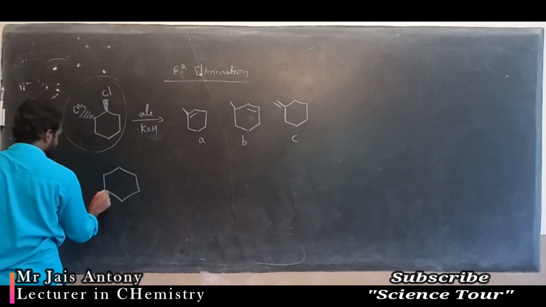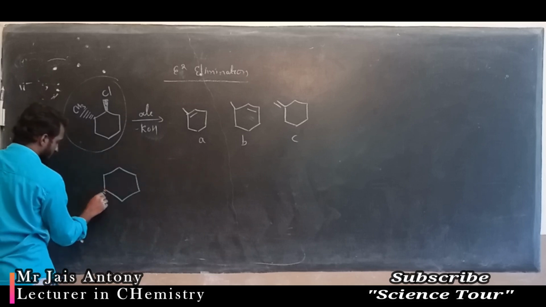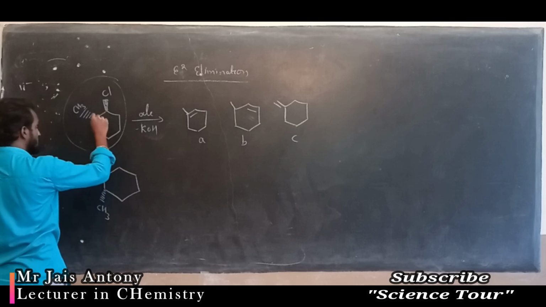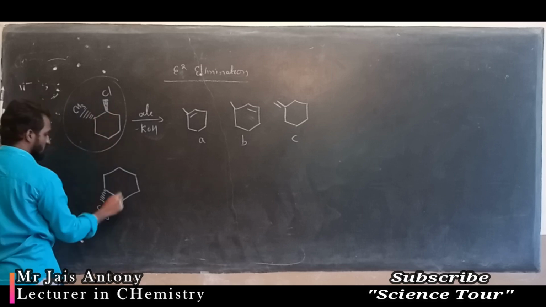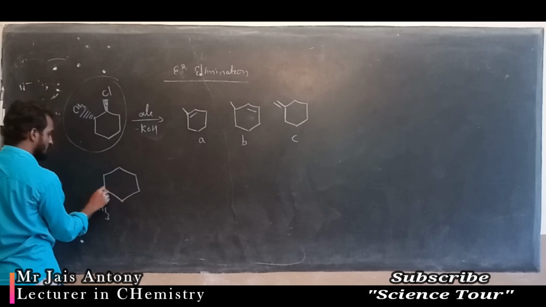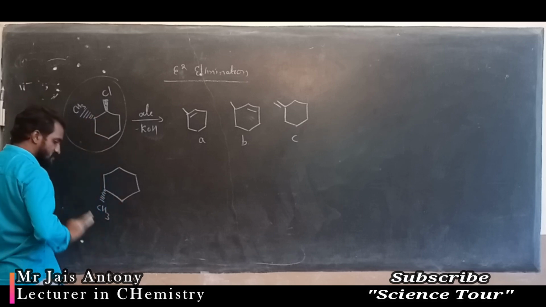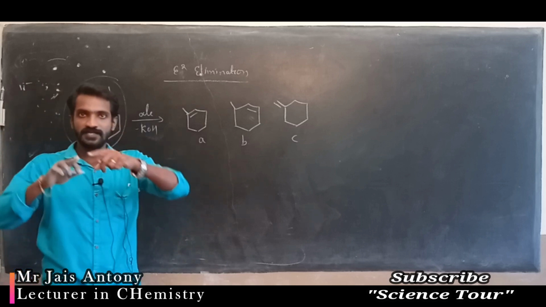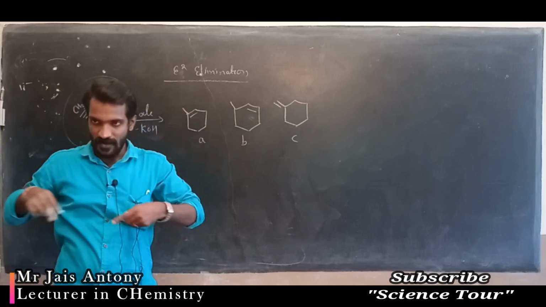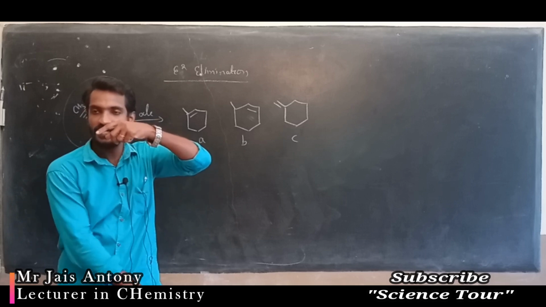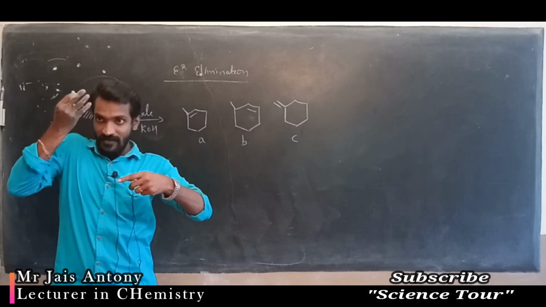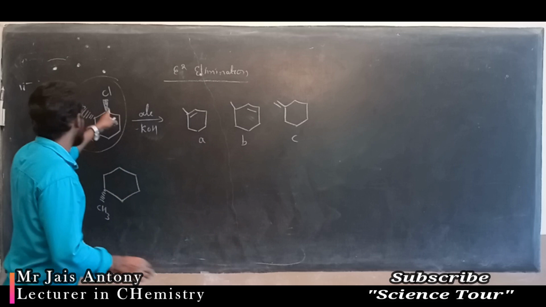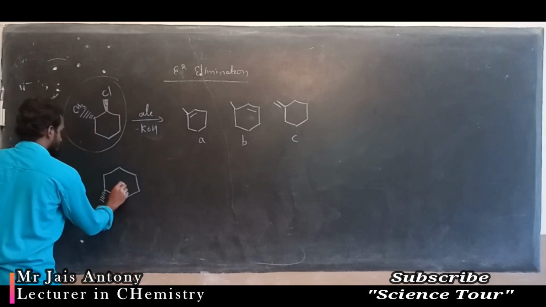So I will write it down here, near this carbon. This carbon has CH3, far away, meaning downward, you cannot see it. Imagine one plane, with CH3 down and chloride up.